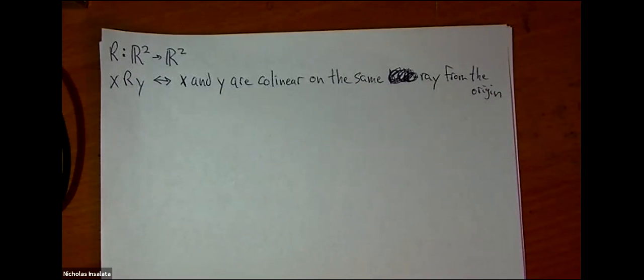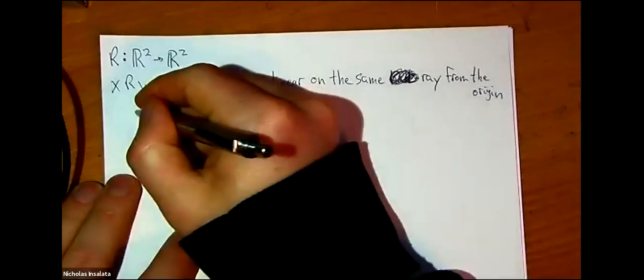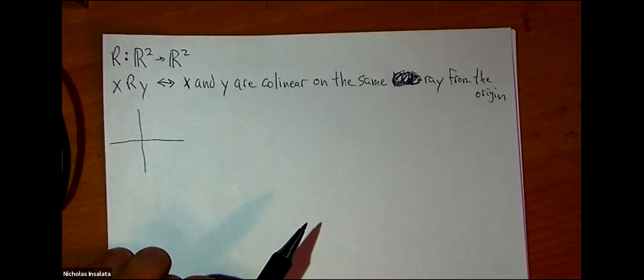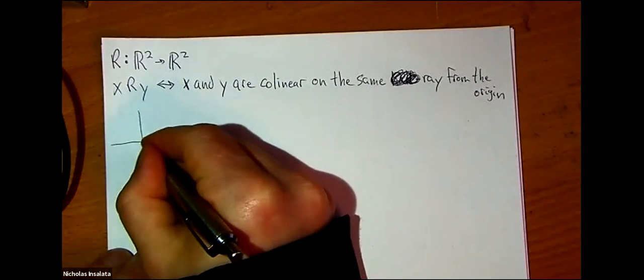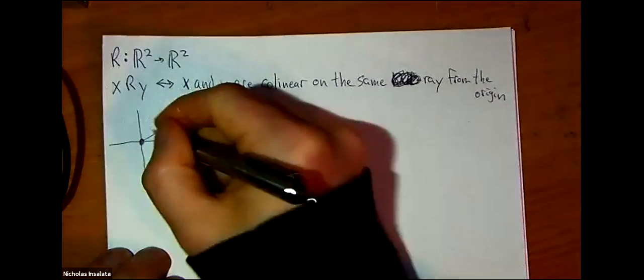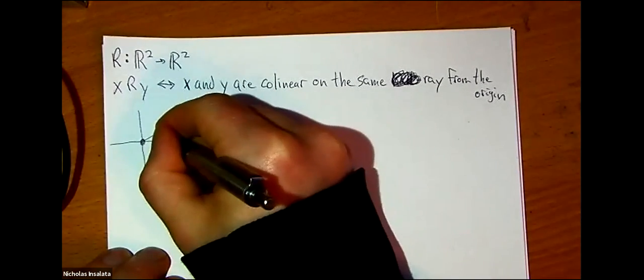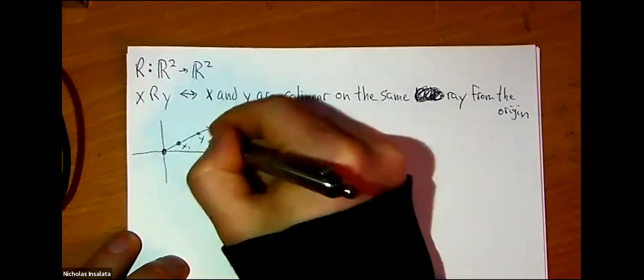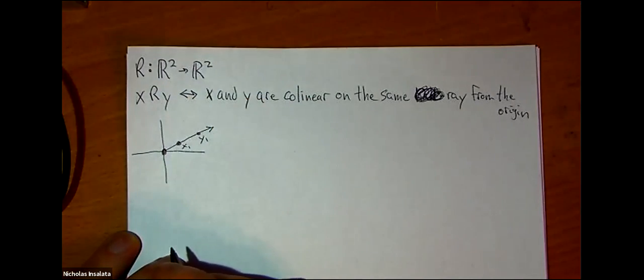Okay. So let's think about this for a minute, right? We've got our plane here. We've got a ray emanating from the origin like this, and we've got 2 points on there, X and Y. Okay, we have, let's call them X1 and Y1, which are related, right?